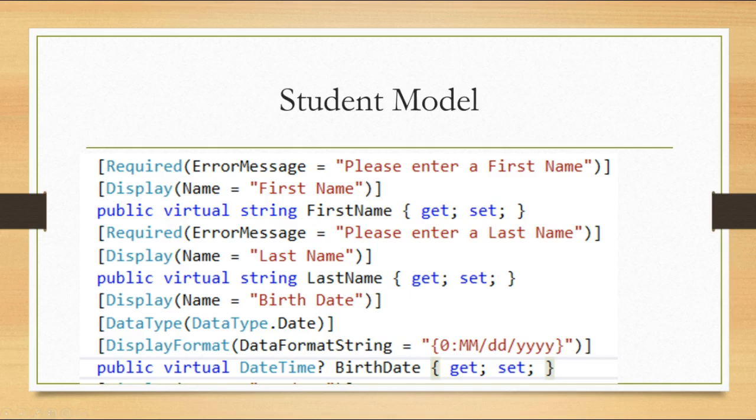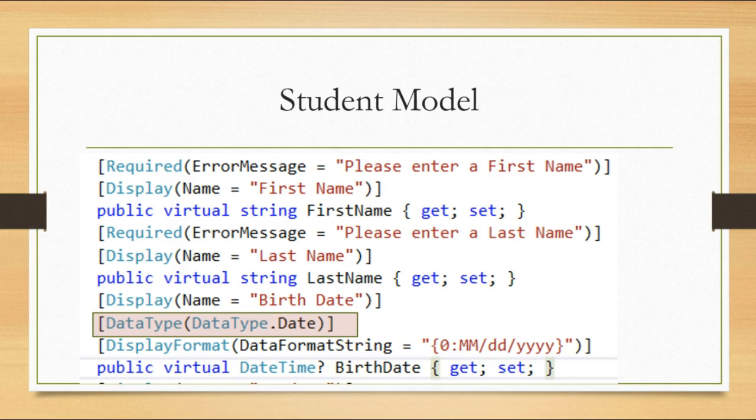Now for strings, we don't have to do that. It figures it out for us. But here, we have the data type of date, and the data format says I only want the calendar part of the date. So here is our data type for the date.